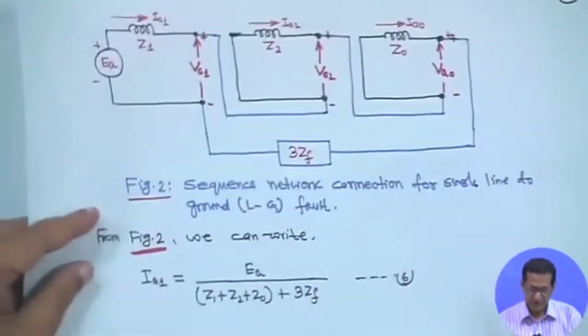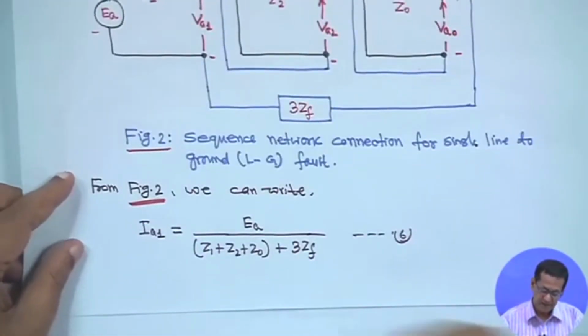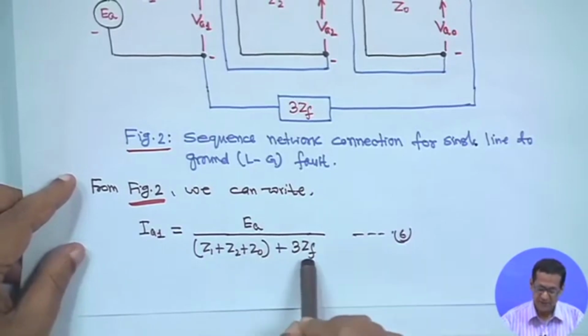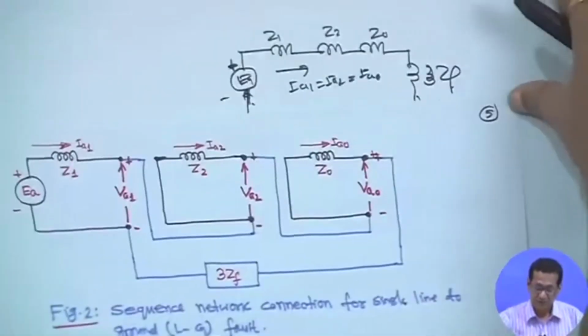That is why, as all three are the same, we write that IA1 is equal to EA upon Z1 plus Z2 plus Z0 plus 3 ZF. So this is a simple one.